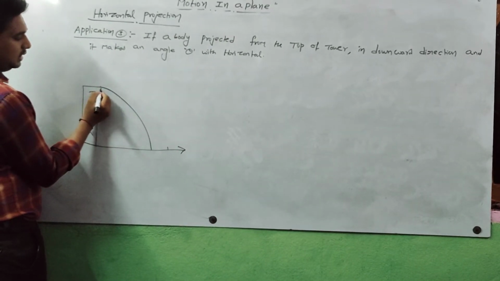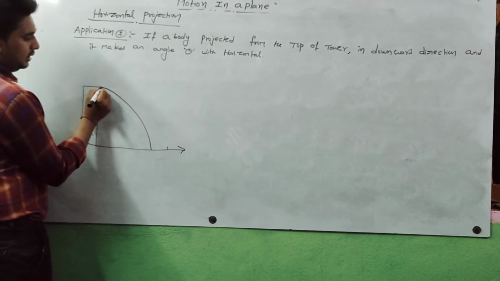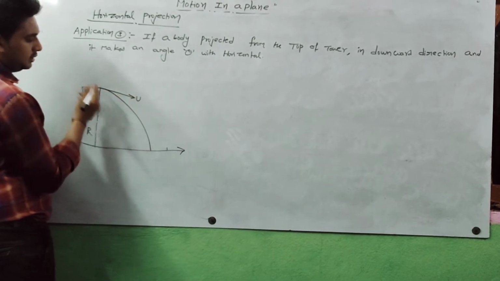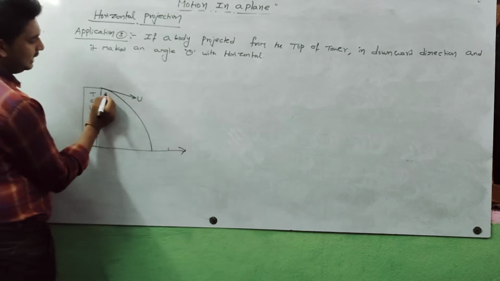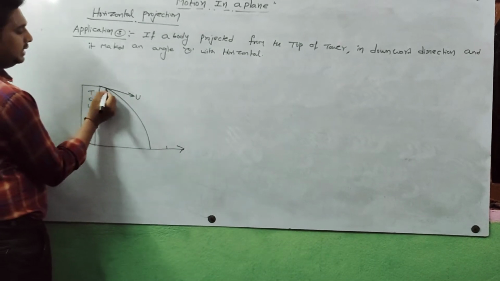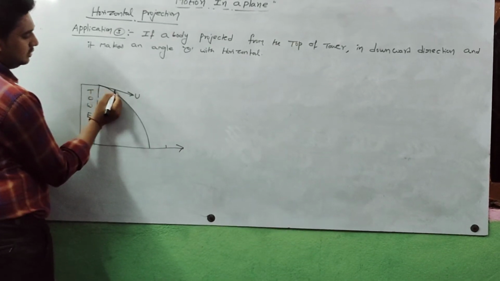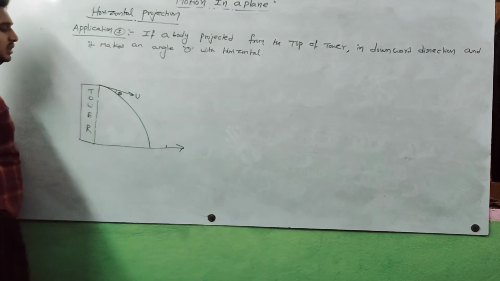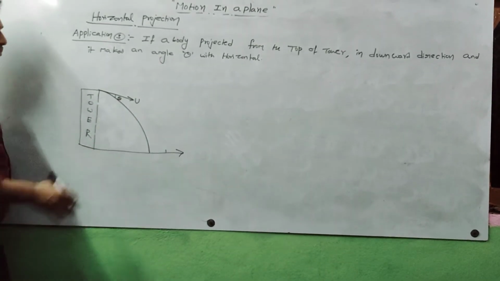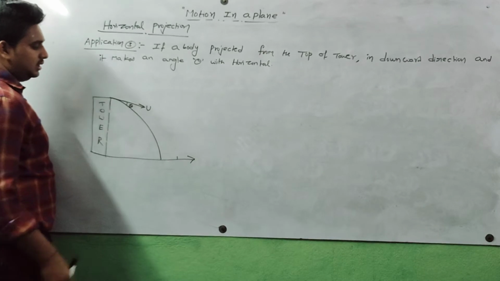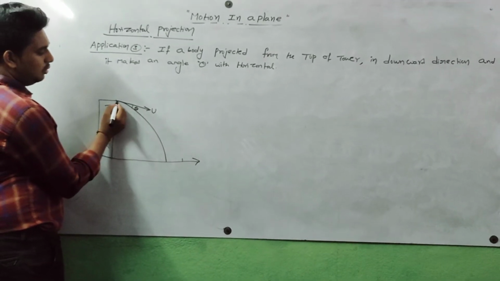It is moving with the velocity u, and it makes an angle theta with the horizontal. Observe carefully. So definitely it will split into two components.